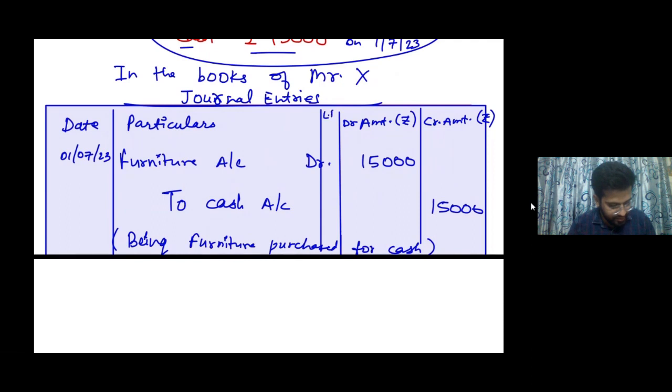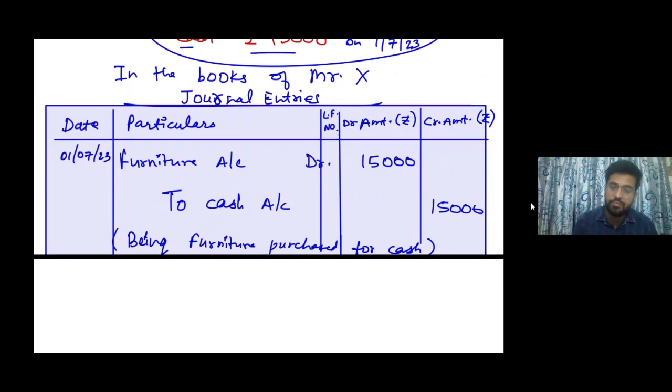Before your amount column, there is one more column that is called the ledger folio. That is the standard format. Here you can write the number of the entry in your ledger account. What is your ledger account? That I will tell you later on. That is why I have not shown you this column right now, but yes, that would be coming ahead.